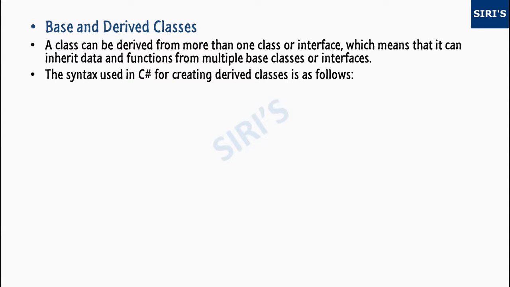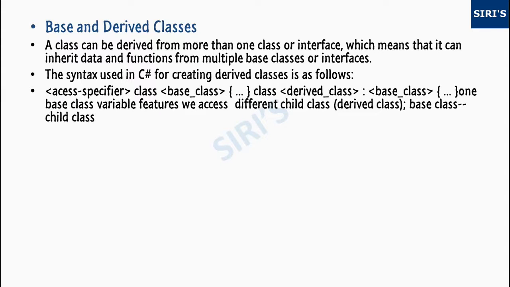The syntax used in C# for creating a derived class is as follows: access specifier, derived class, and base class, and the method. Using one base class variable, we can access different child classes.